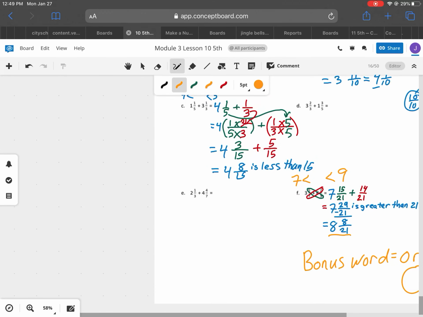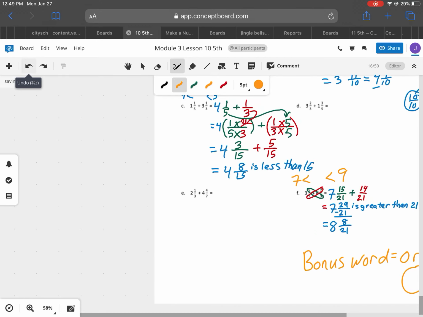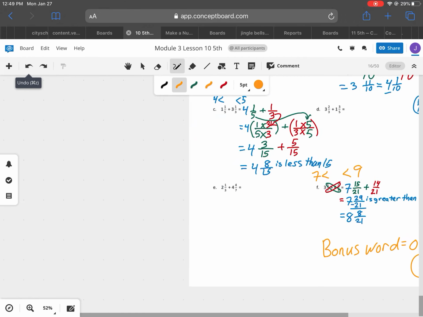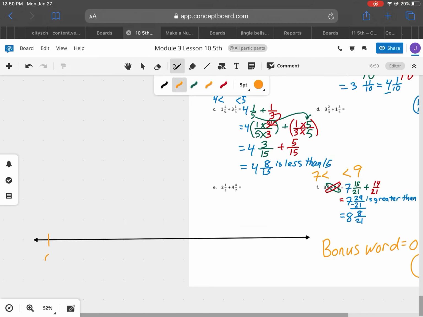Let me go ahead and show you on a number line. Ah, my number line's terrible. Let me get started over again. Excuse me. Show you on the number line so that you can understand the number line part. All right. Let me just draw one of these. A little thicker. All right, and we have our 0.